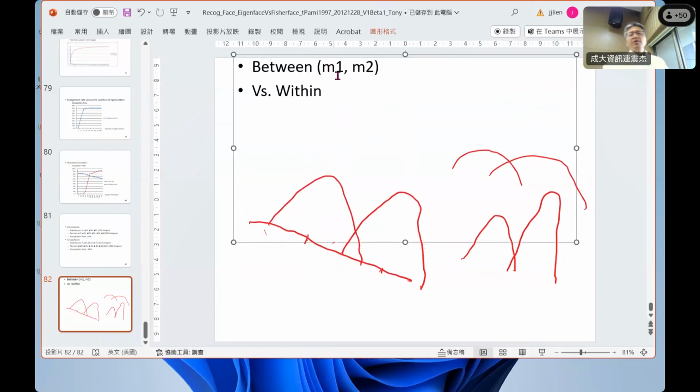So between means the two means should be as far apart as possible.